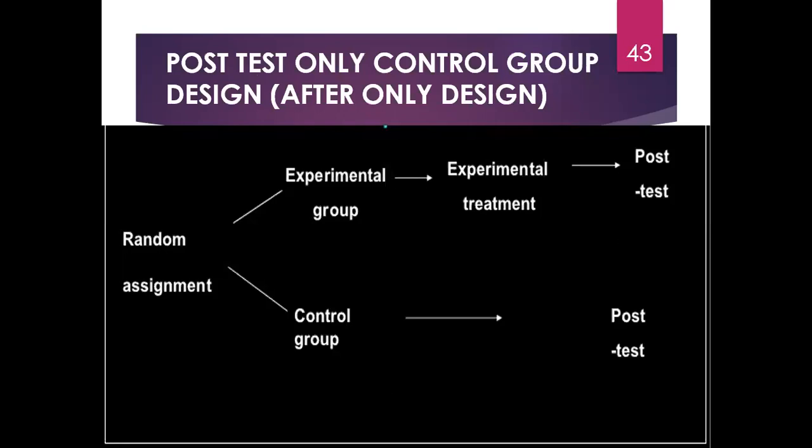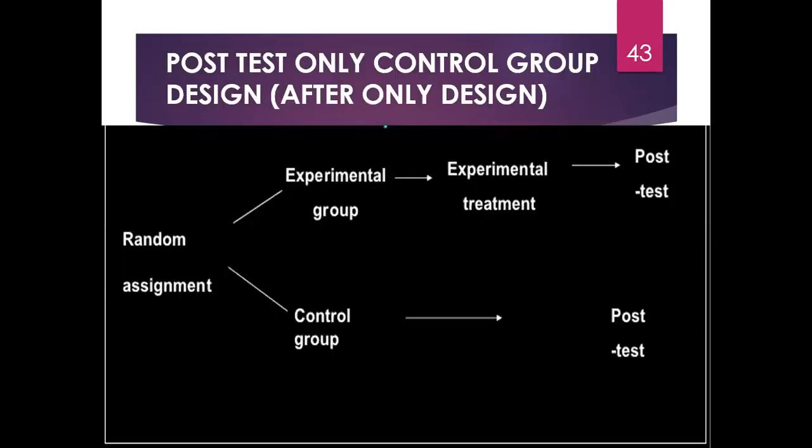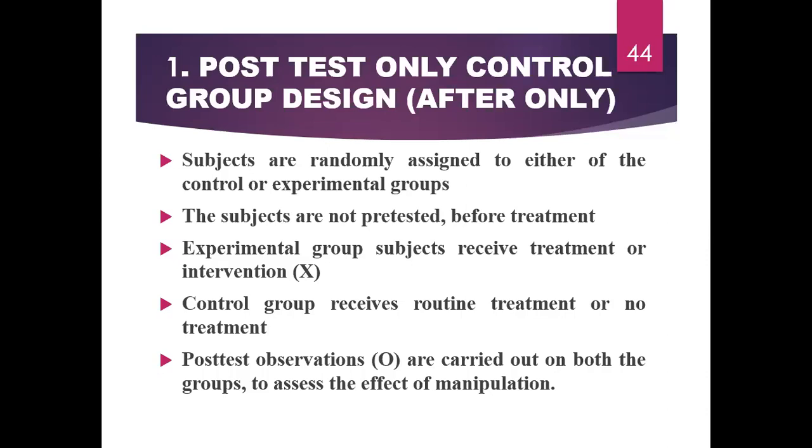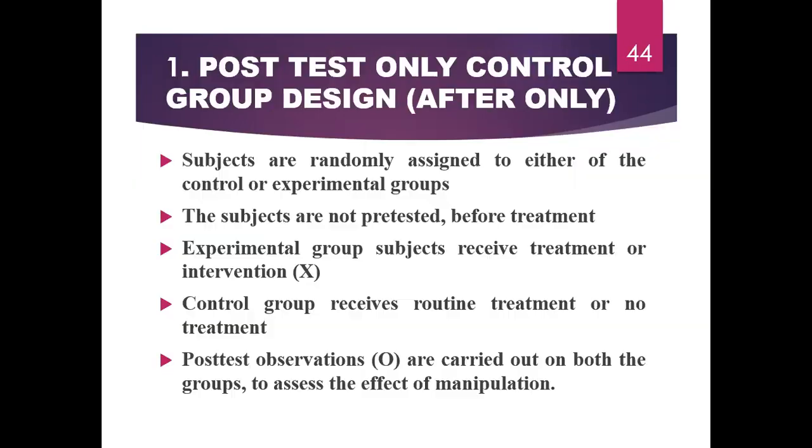So the experimental group will receive experimental treatment, but the control group receives routine treatment or no treatment. So there is no experimental treatment given to the control group. Both the groups are given post-tests, experimental group and the control group post-test. So it is a post-test only control group design or after only design.